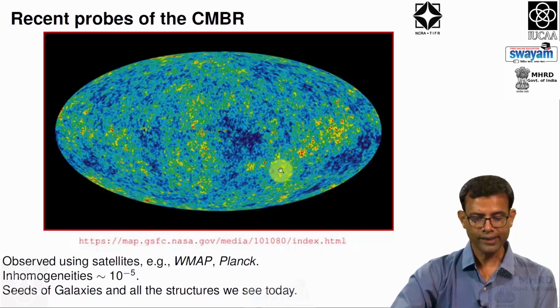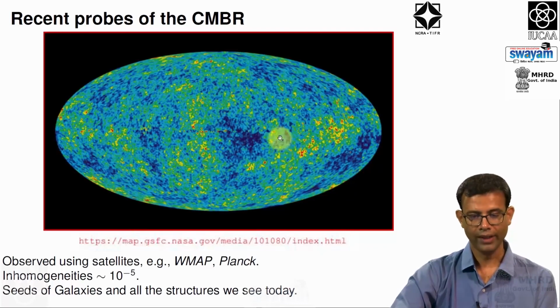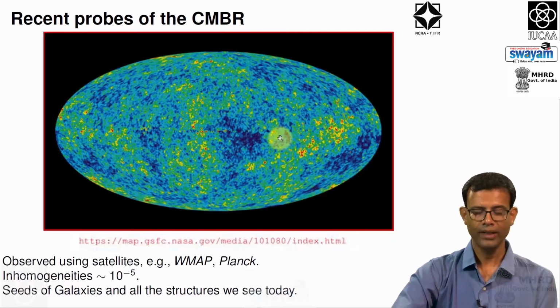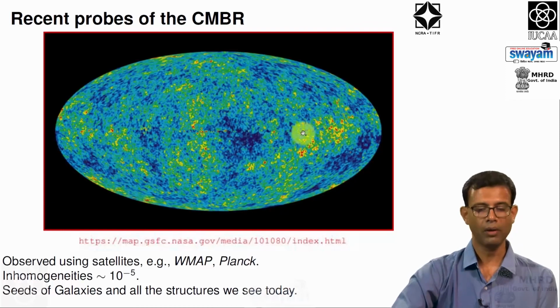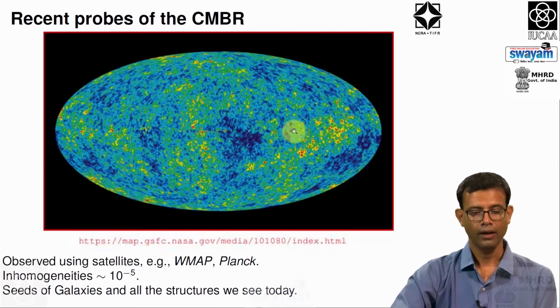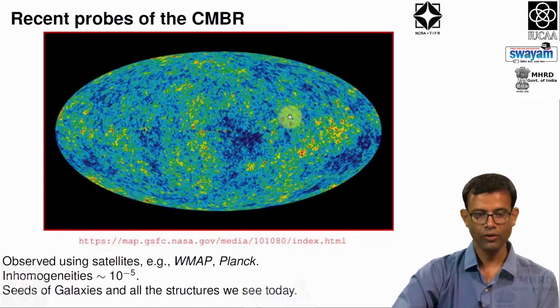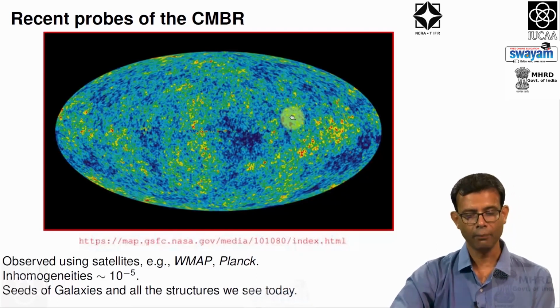Now, this is something we would like to understand in more detail. What do these inhomogeneities in the CMBR imply? What can we learn about the cosmological model, about our universe? This will take some time, so we will take it up in more detail in our next lecture.